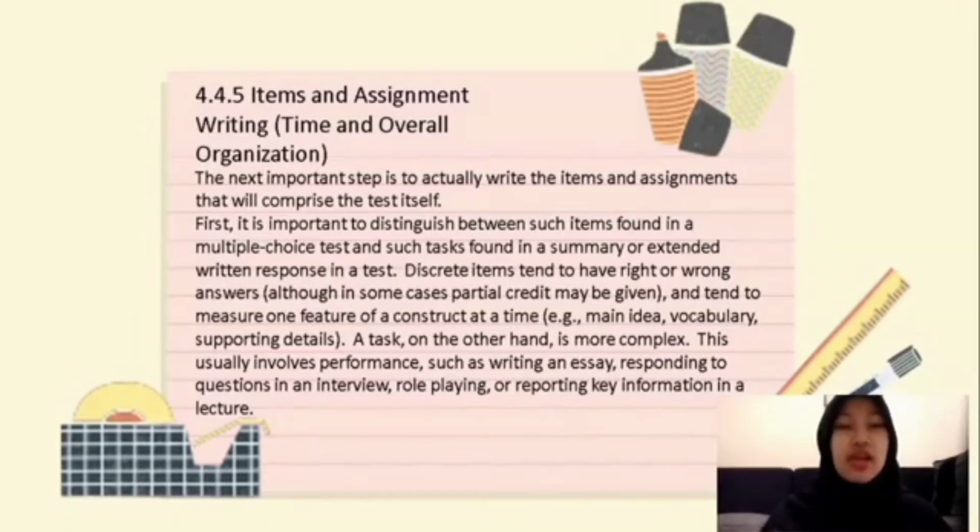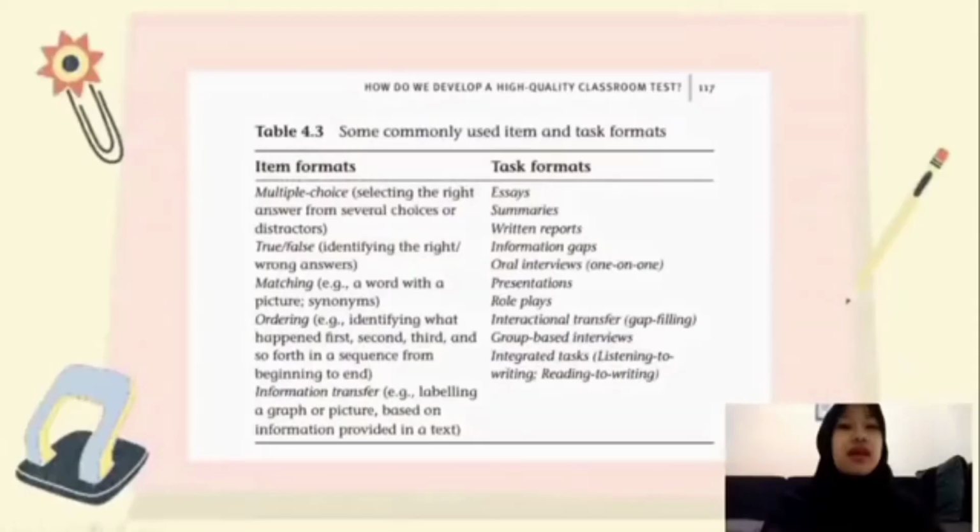A task, on the other hand, is more complex. This usually involves performance, such as writing an essay, responding to questions in an interview, role playing, or reporting key information in a lecture. And this is the example of some commonly used item and task formats.